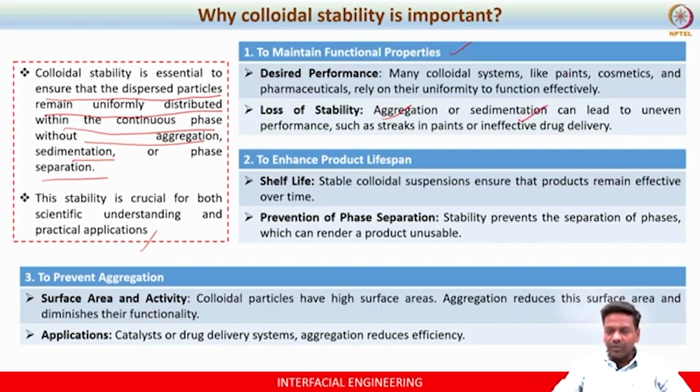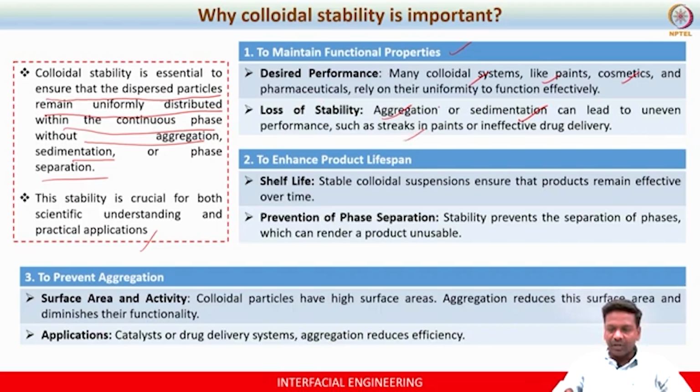Why do we need to maintain functional properties? Because if you want to extract the actual function from various products like paints, cosmetics and pharmaceuticals, we need to retain this functional property so that you get the desired performance output.